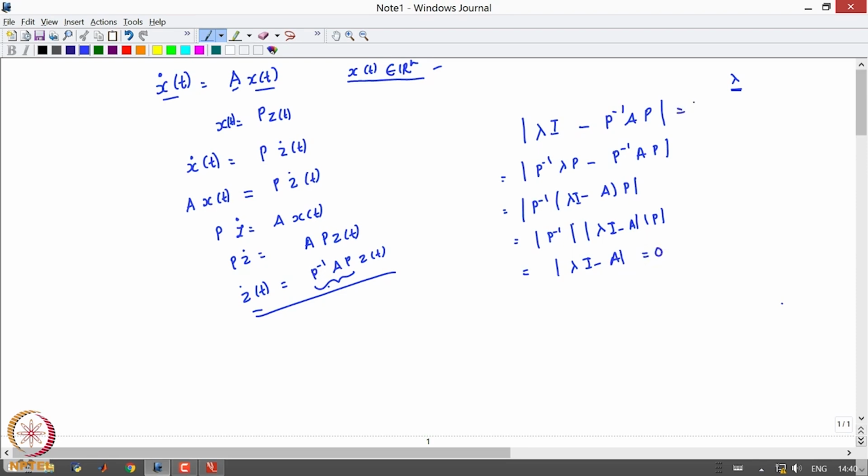Equating this to 0 is as good as equating lambda I minus A to 0, and therefore, the eigenvalues of the matrix A are the same as the eigenvalues of P inverse A P. So, much of the properties remain invariant, right. It is kind of intuitive also why these properties should remain invariant.